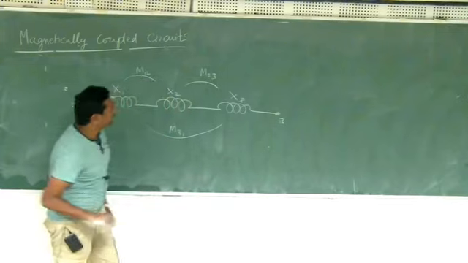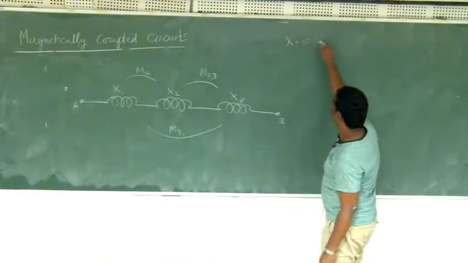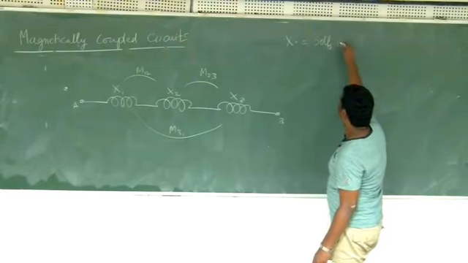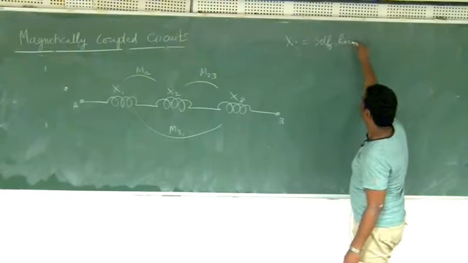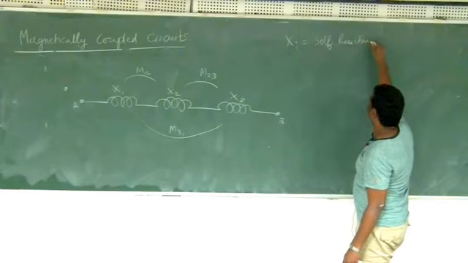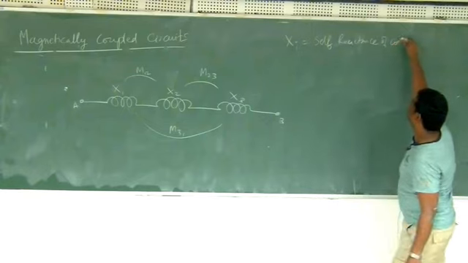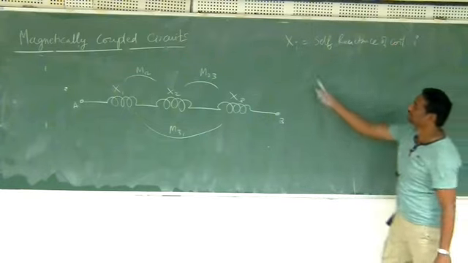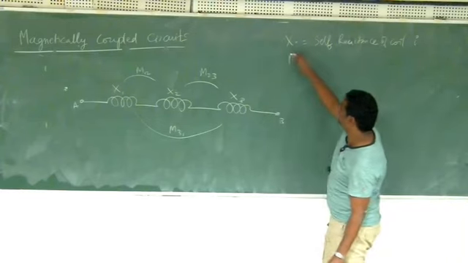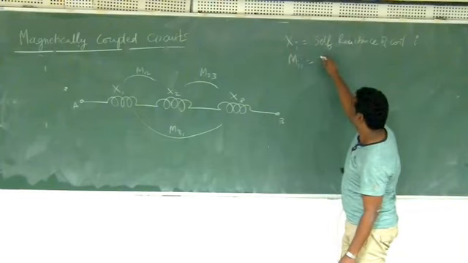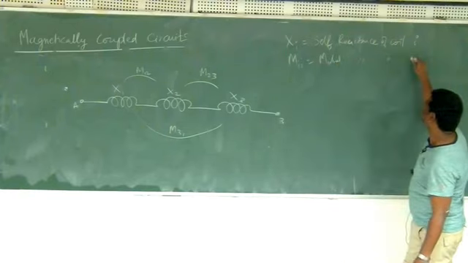The notation is: Xi is the self reactance of coil i. That means x1, x2, x3 are nothing but self reactances of each of the coils. Then Mij is the mutual reactance of coil i and j.